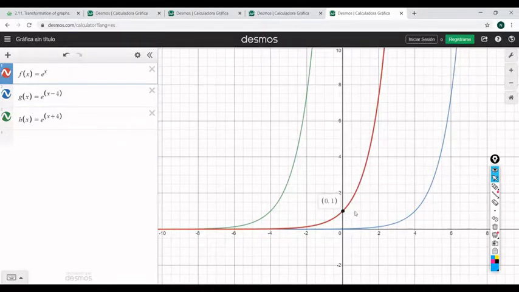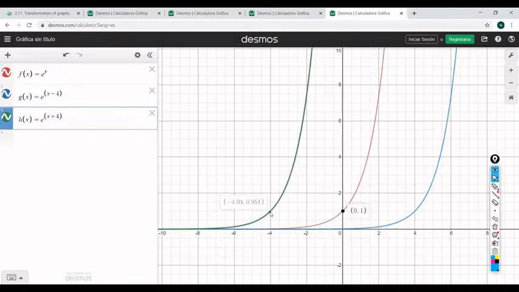So the same point corresponding to the other function would be this, and you can see for (0, 1), this is (4, 1). So it's displaced by 4 units towards the right, and this point is displaced by 4 units towards the left. So we're talking about displacement by 4 units, either to the right or to the left.